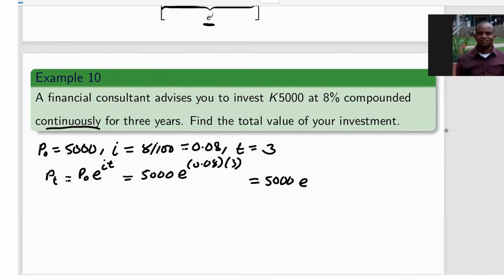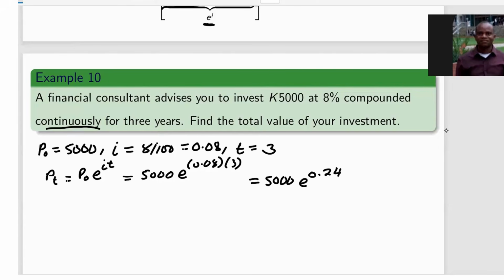If you multiply 0.08 times 3, you'll get 0.24. So you're going to have 5,000 e to the power 0.24. According to your calculator, you press 0.24, then you go shift, then e, then that answer multiplied by 5,000. But my calculator can do that directly.